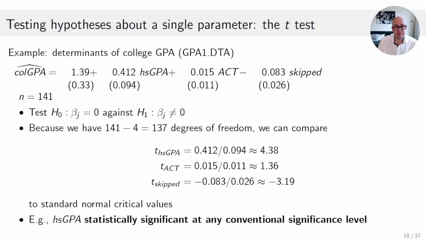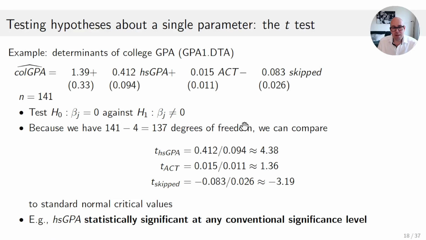An example here. This is something we have seen before, determinants of college GPA. So college GPA is regressed on high school GPA and the ACT score, and this is an extra variable whether people have skipped class.